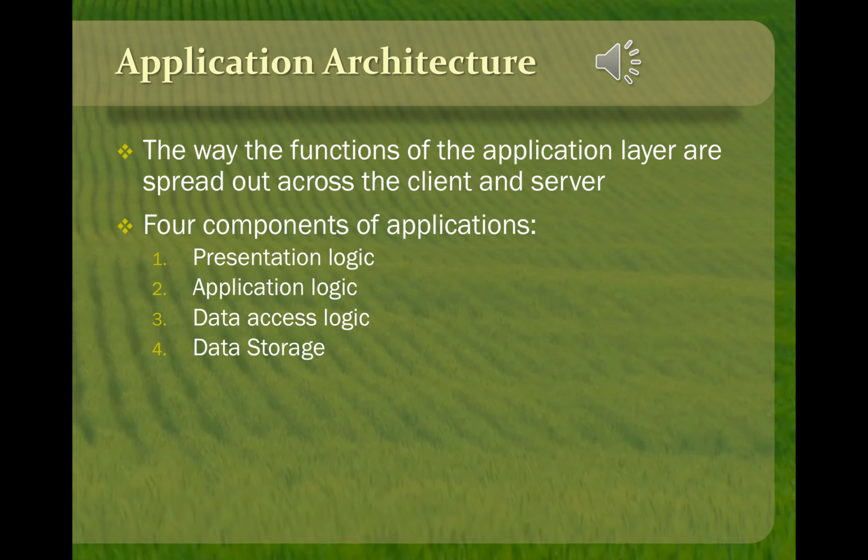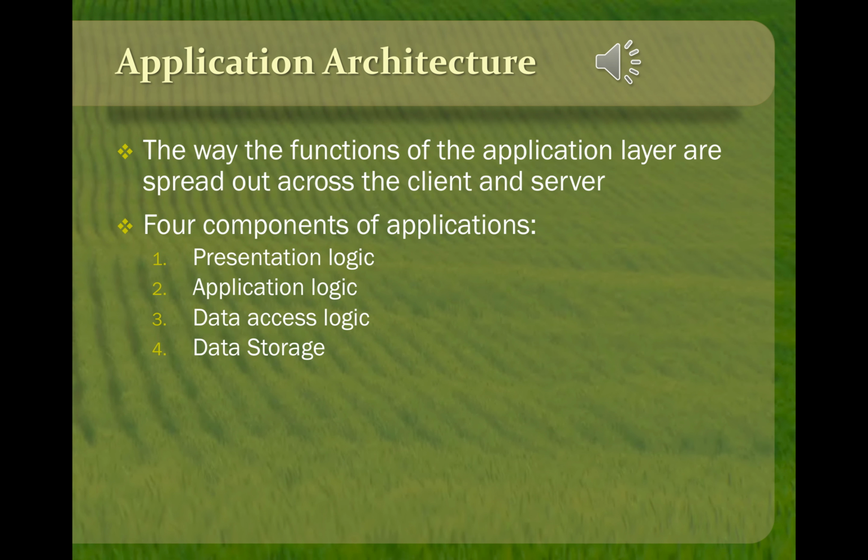Then there's the application logic. It's sometimes referred to as the business logic, and it can be simple or complex. Next, we have the data access logic. This is the logic in the application that references how the data is accessed. This may be a SQL query across multiple machines.